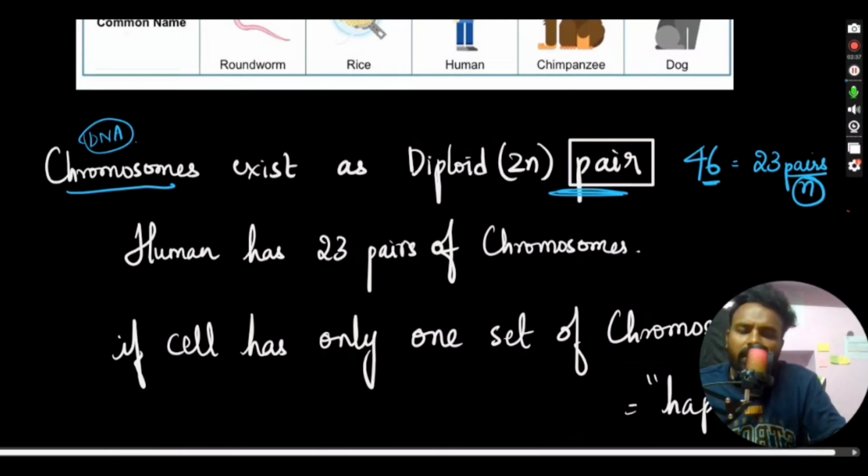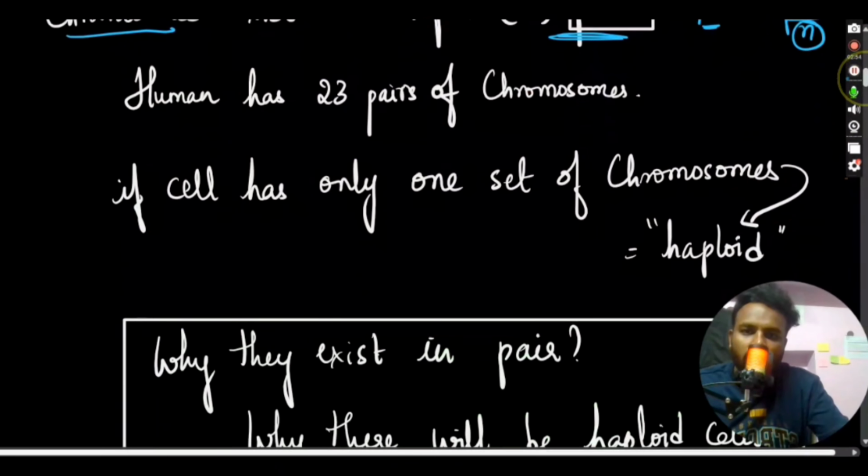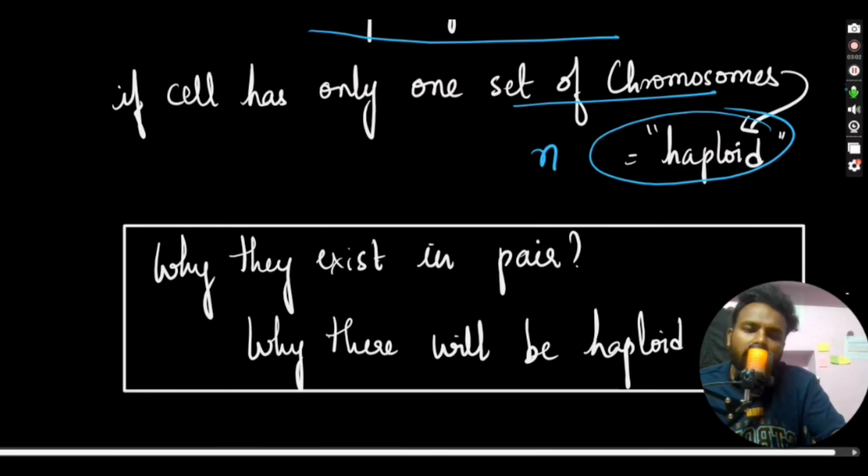So we can write 2n, which means 2 into 23 equals 46, right? This configuration, 2n, is called diploid. So a human has 23 pairs of chromosomes. If a cell has only one set of chromosomes, only one n, then it is called haploid.